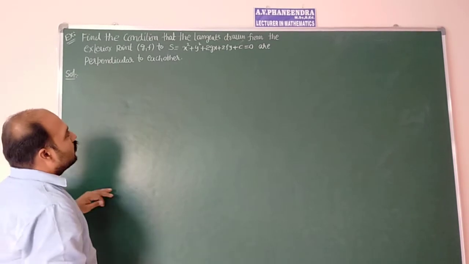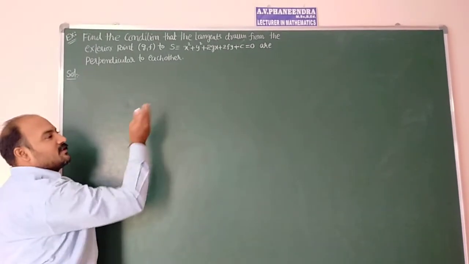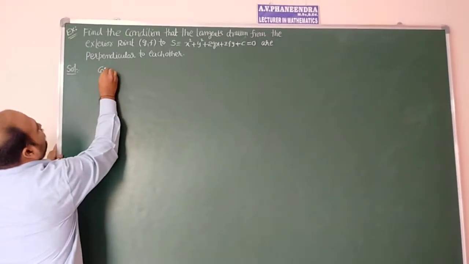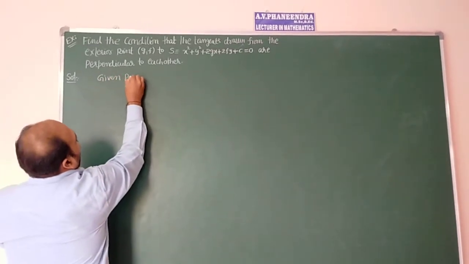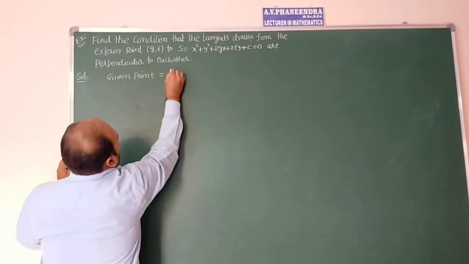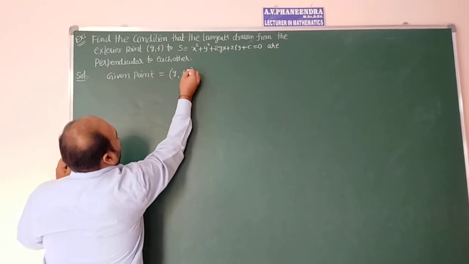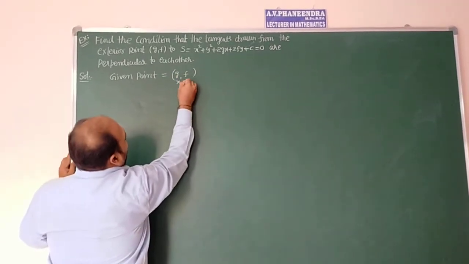Therefore, first what we have to do: given point and given circle. First step, given point (g, f). A point is always denoted by (x1, y1).